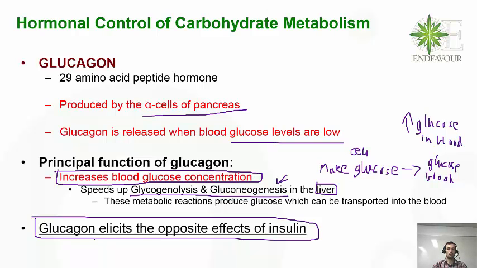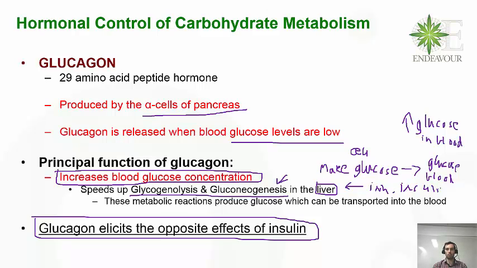So the reactions that are activated by glucagon are actually deactivated by insulin, and vice versa. For example, our glycogenolysis and gluconeogenesis that are activated by glucagon are actually inhibited by insulin.